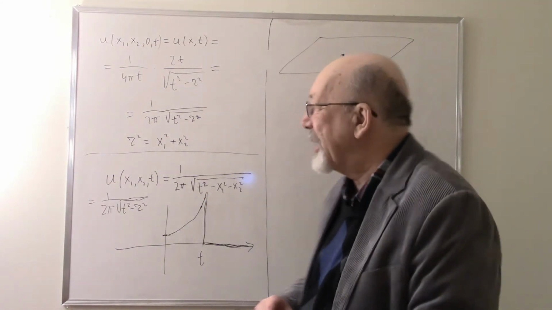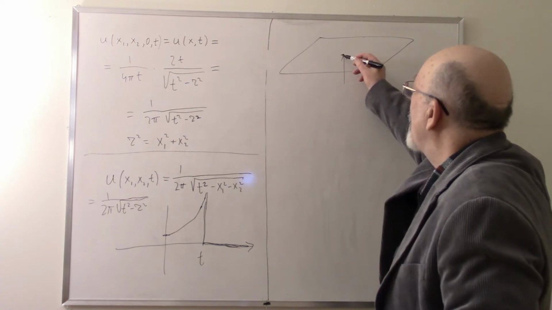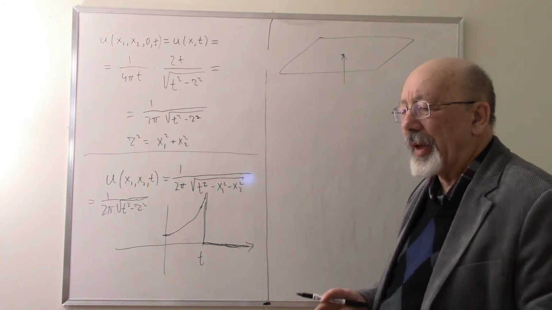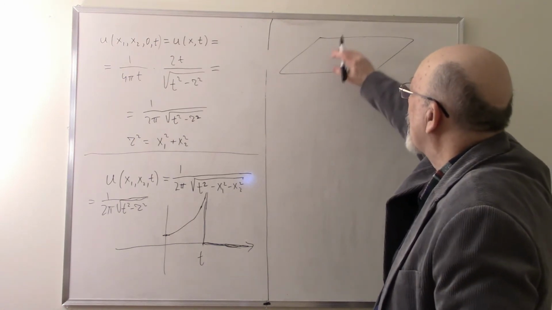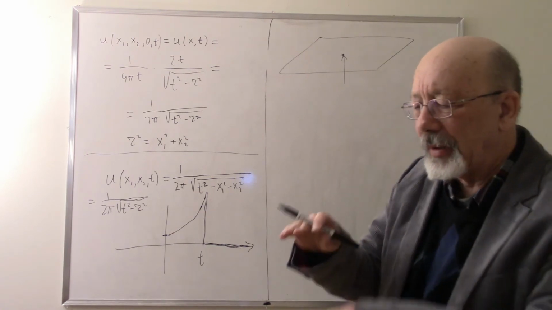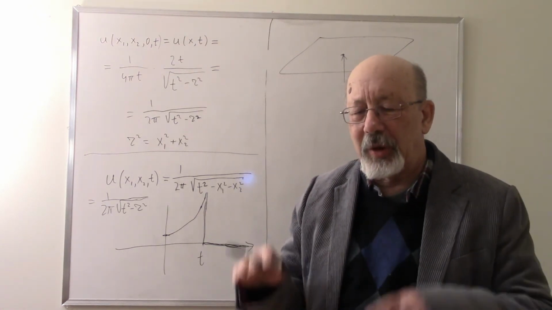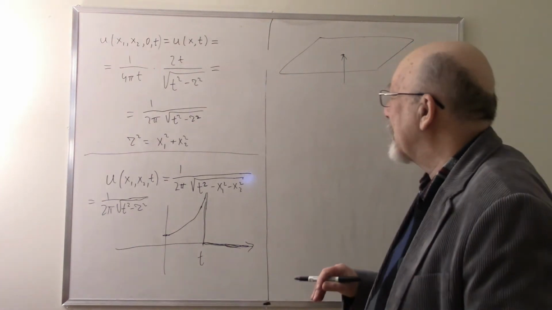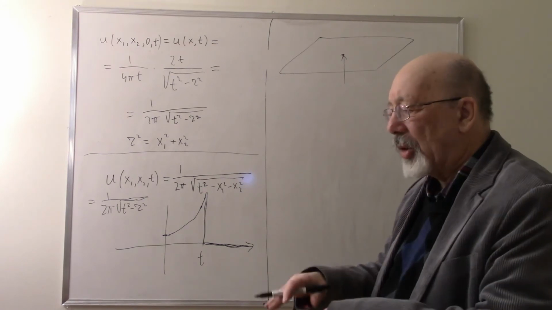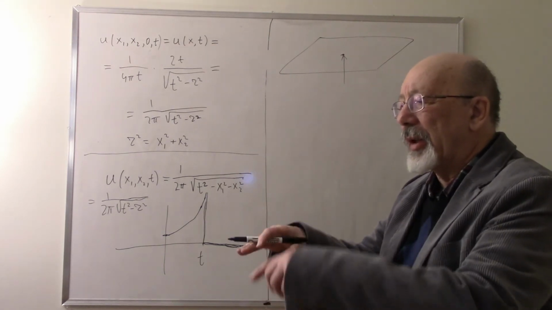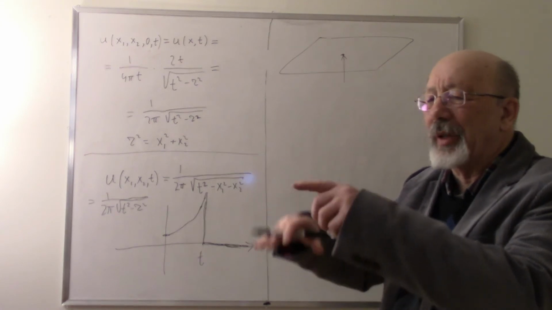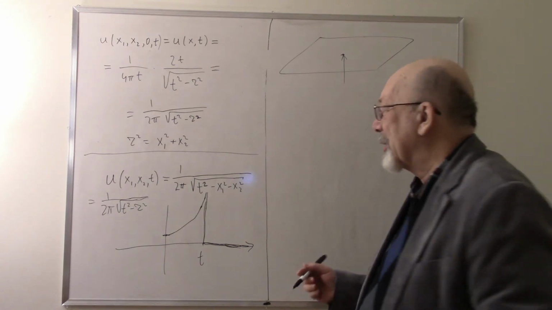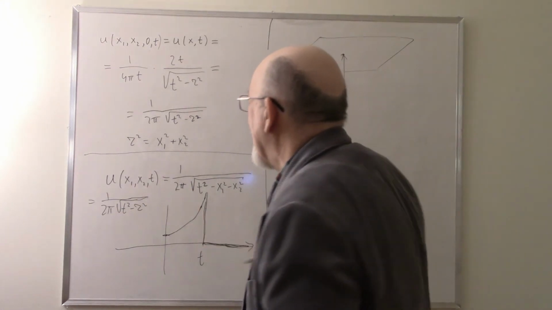Here it is the same, but the membrane is not moving like a solid body. Different parts of this membrane are moving with different speeds, which we are studying now. So this means that the integral of this function, the total displacement of the membrane, should be proportional to time. So let us check that this is the case here.